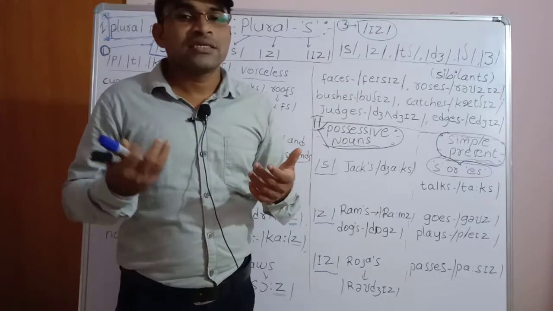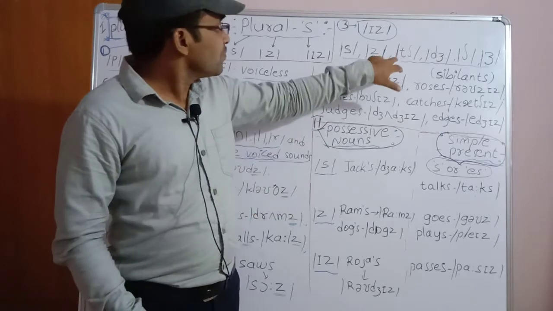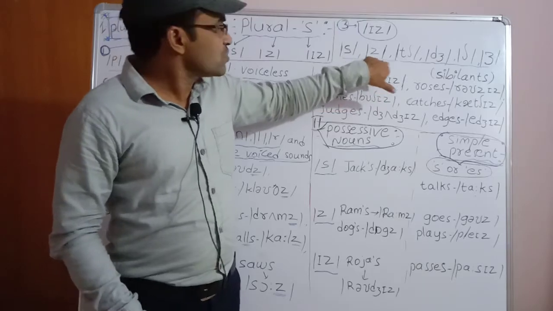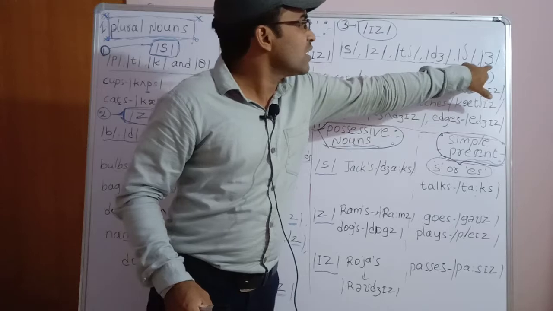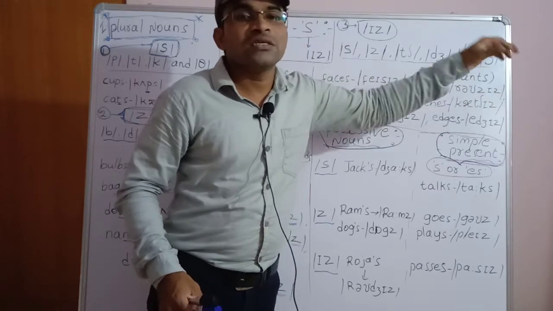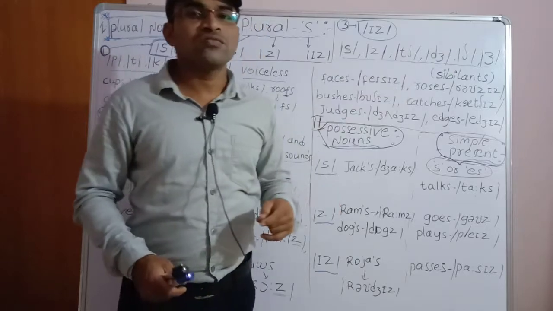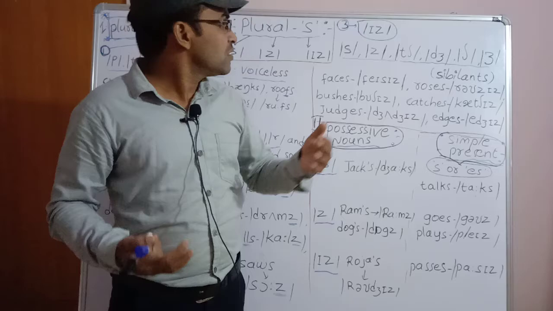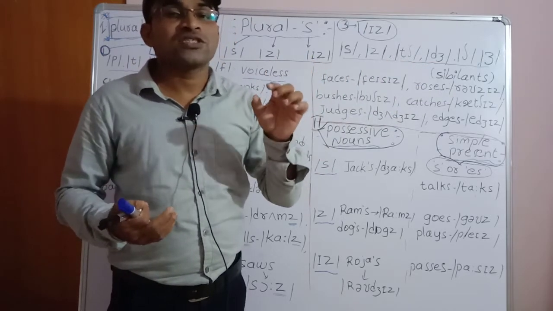We discussed in the previous class when this sound is used, when this ja sound is used, and when this sound is used. These sounds are called sibilants because they make the sound sa.